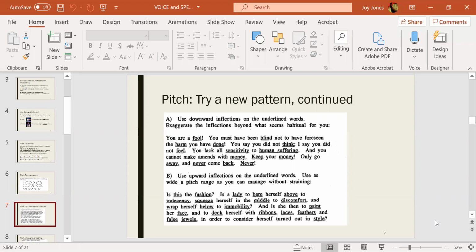And is she then to paint her face, to deck herself with ribbons, laces, feathers, and false jewels, in order to consider herself turned out in style?